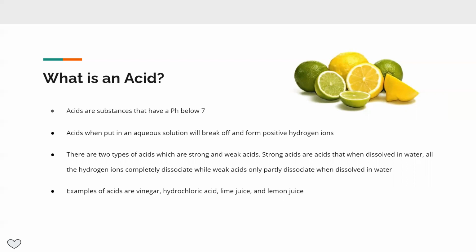Acids release H+ ions into the water, which therefore makes it very acidic. While weak acids only partially dissociate when dissolved in water. Examples of acids are vinegar, hydrochloric acid, lime juice, and lemon juice.